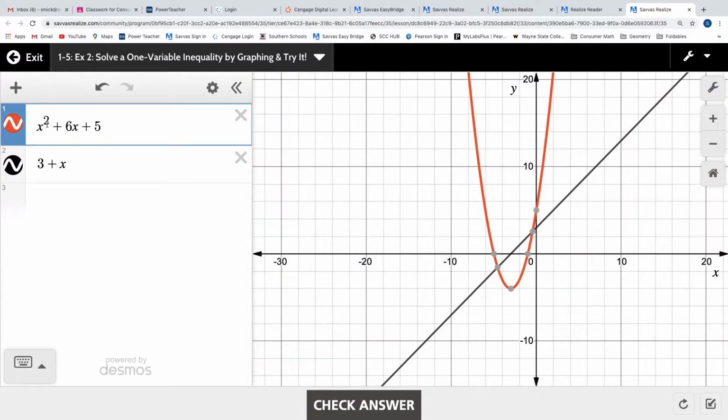Now, if I wanted to know when the square was less than, when this 3 plus x is greater than, well, it's only greater than where? Right between here and here, correct? Yes. And every other time, that linear line kind of came like my x-axis, didn't it?